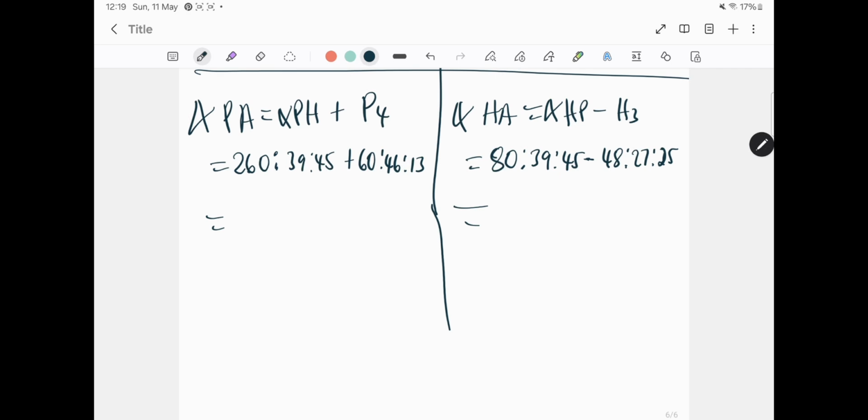So now we can just punch this in the calculator. We have 260, 39, 45 plus 60, 46, 13. So you're getting 321, 25, 58. That's your bearing PA. Coming this side, you have 80, 39, 45 minus 48, 27, 25.